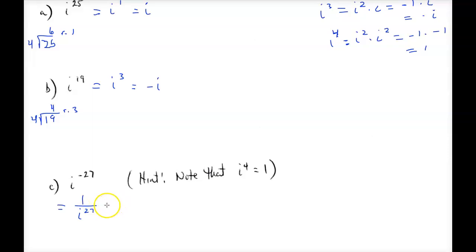If you remember, this was a similar example that we had. Take 27 divided by 4, 6 with remainder 3. So this is the same as i cubed, and here 1 divided by i cubed will give us a negative i.